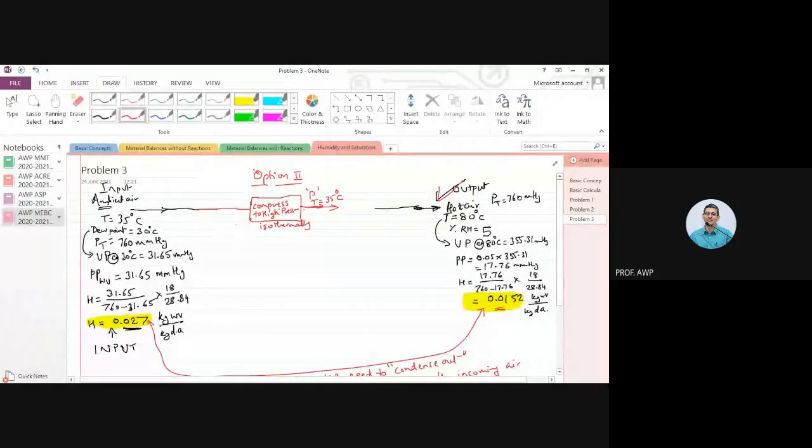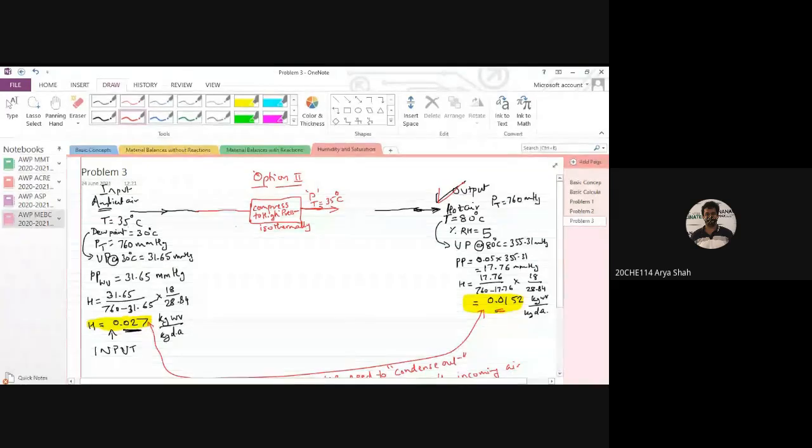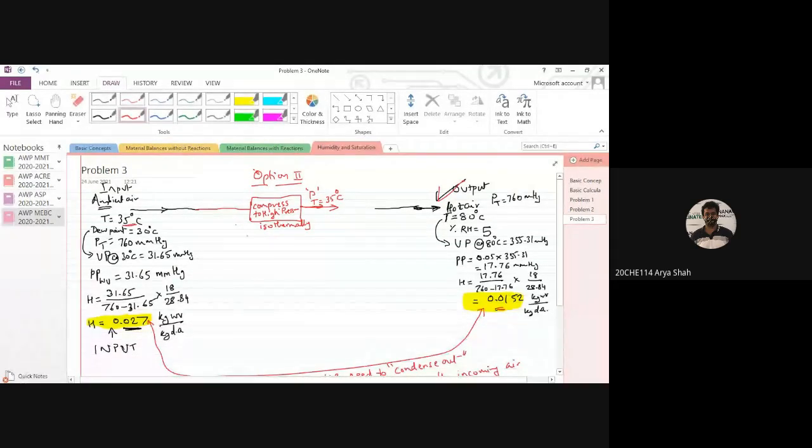So we will keep the temperature constant, 35 degrees centigrade. So we'll pressurize the gas so much so that the mole fraction that we want to achieve into the pressure that we will be applying will be equal to the vapor pressure at 35 degrees Celsius.